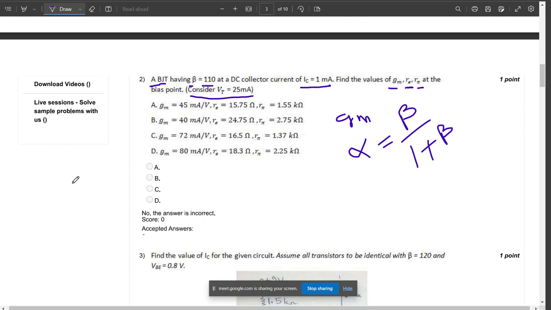Okay. Solve this question and tell me the answer. Not right now, when I ask every one of you to tell me the answer, then we'll discuss. Okay.